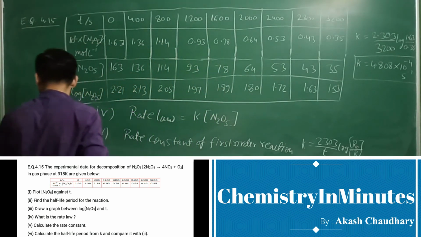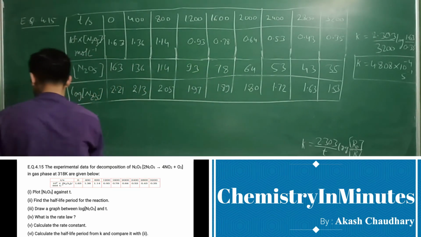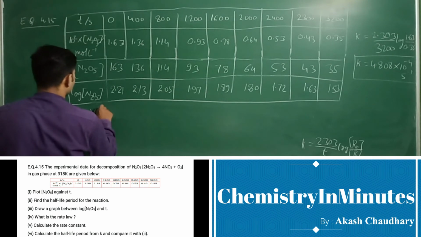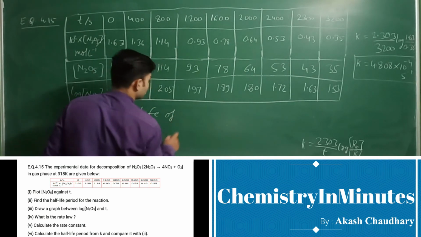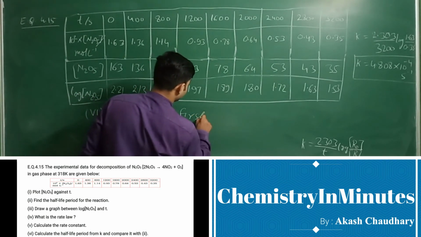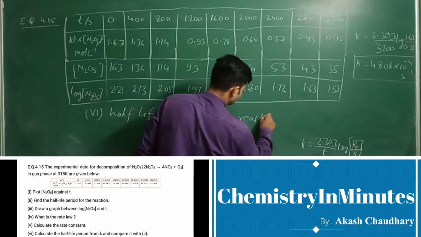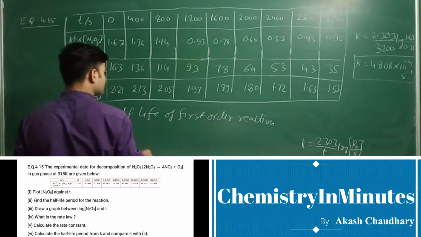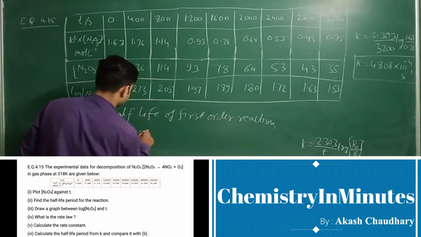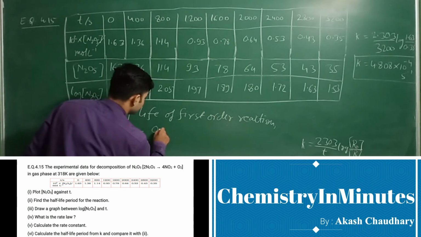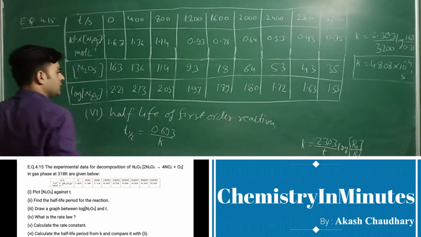Now the sixth part, the half-life of the reaction from the rate constant. Half-life of a first order reaction: T half equal to 0.693 upon K. Let us now put the values.